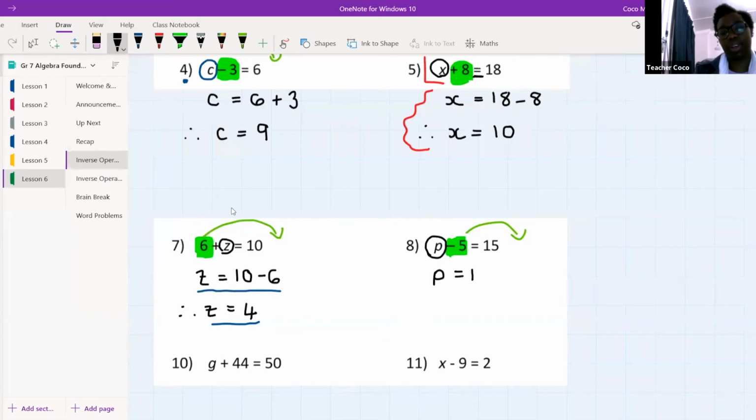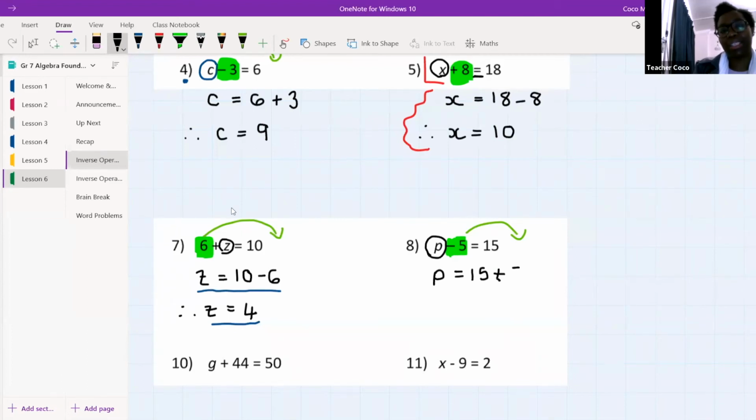Oh, we skipped this part here. What about P is equal to 15? And what happened to -5? Oh, yes, ma'am. P is equal to 15. Finish the sum for me. P equals to 15 plus -5, ma'am.